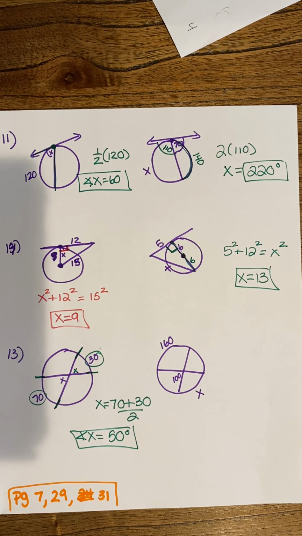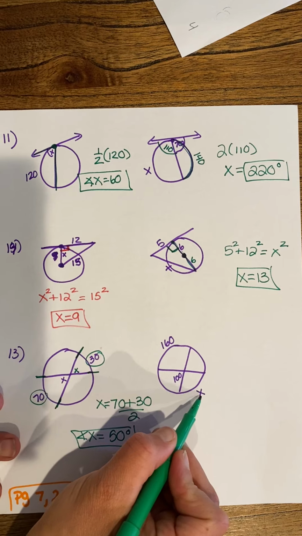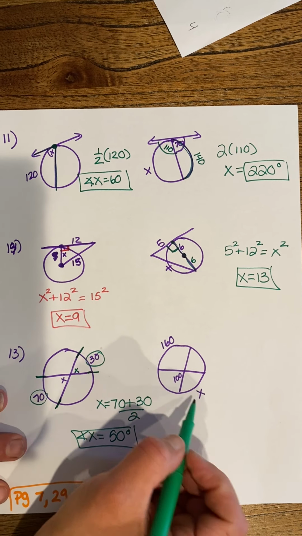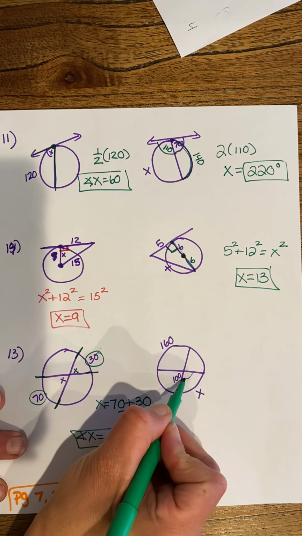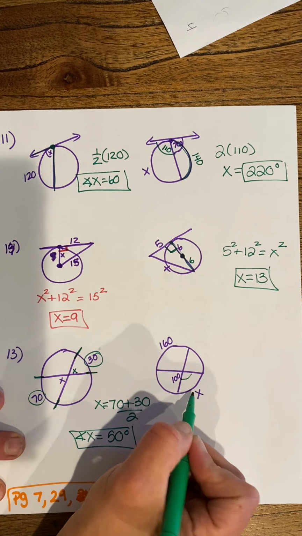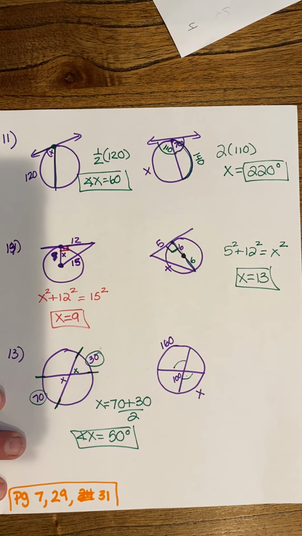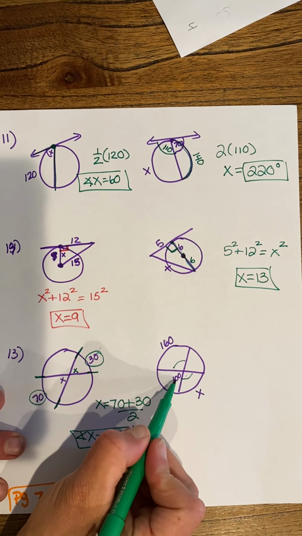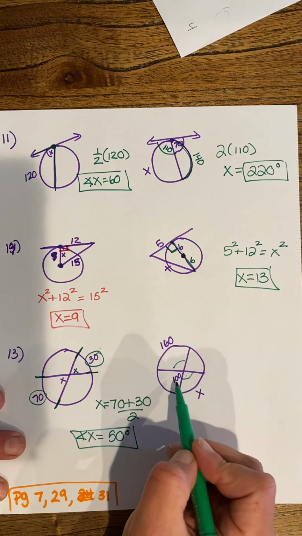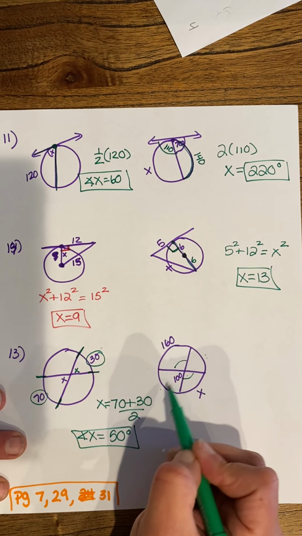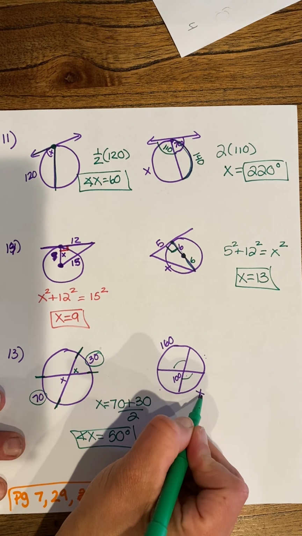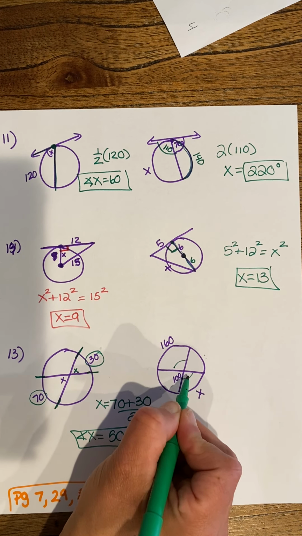Okay. This one right here, I'm looking for one of the arcs, right? So do you see I have this arc that goes to this angle? Even though I have this angle right here, this angle would involve these 2 arcs. So if I am looking for this arc, I need this angle.